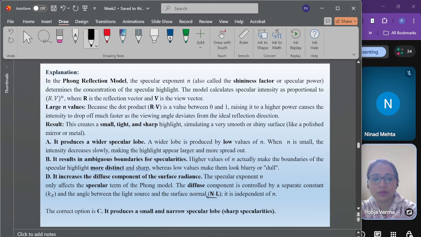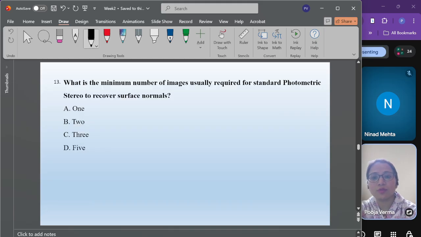Okay, now we will move to our next question. What is the minimum number of images usually required for a standard photometric stereo to recover surface normals? Option A 1, option B 2, option C 3, or option D 5.